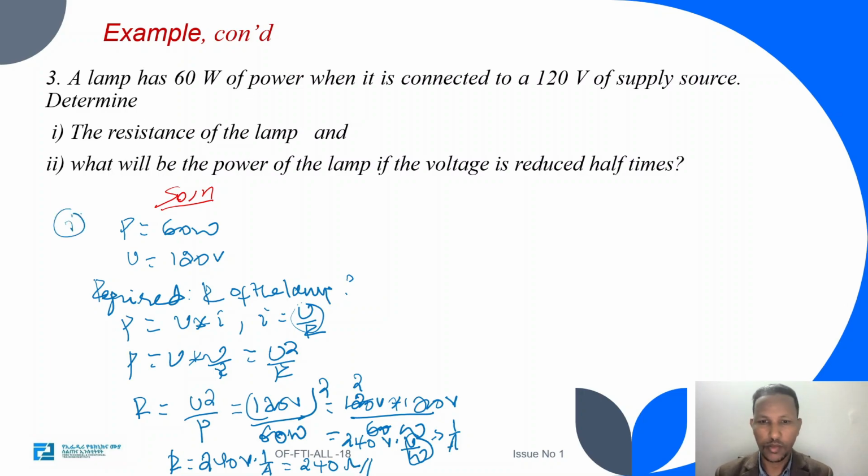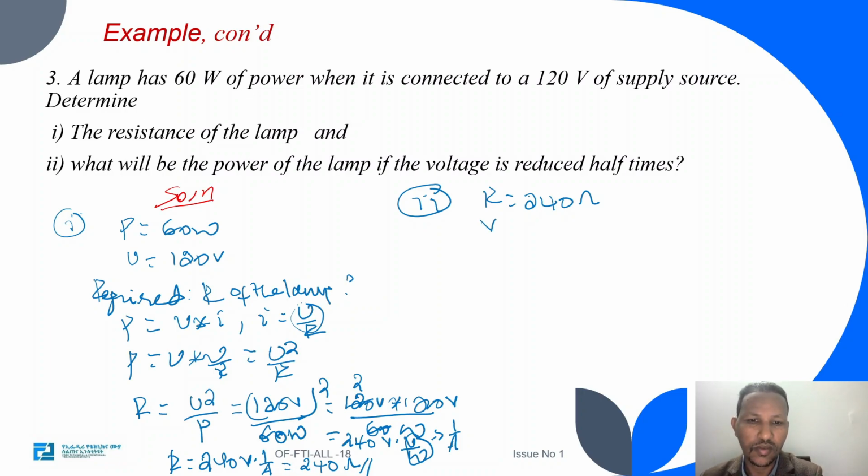The second question is what will be the power of the lamp if the voltage is reduced by half. For this case, we are using the same lamp, so the resistance is constant: R is 240 ohm.